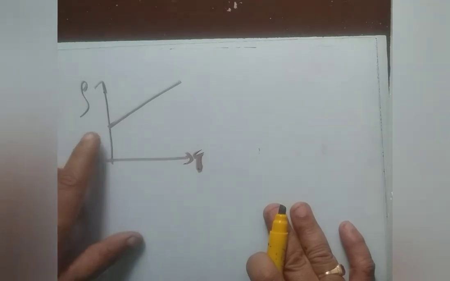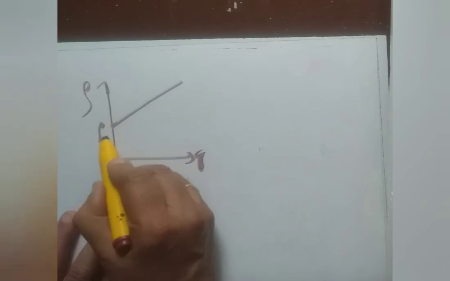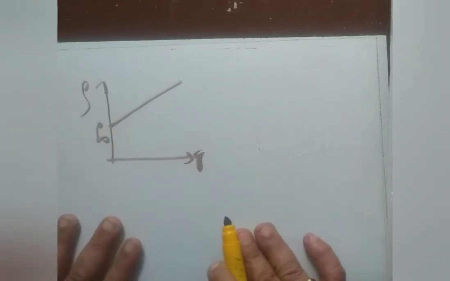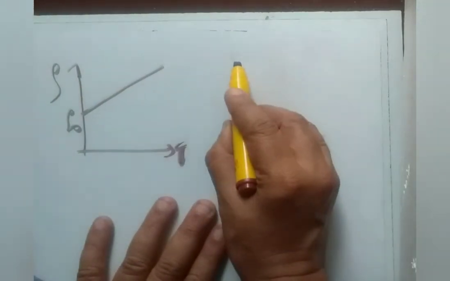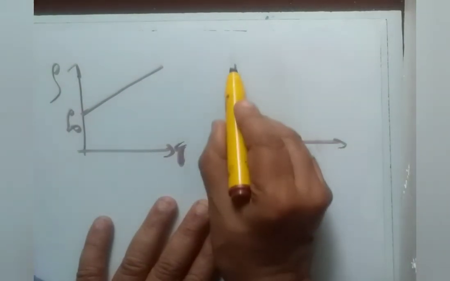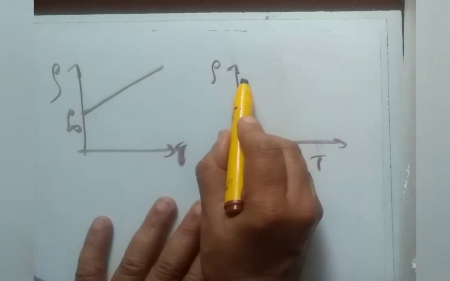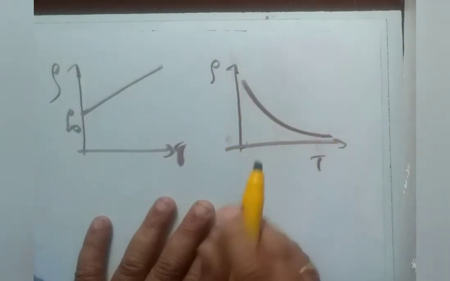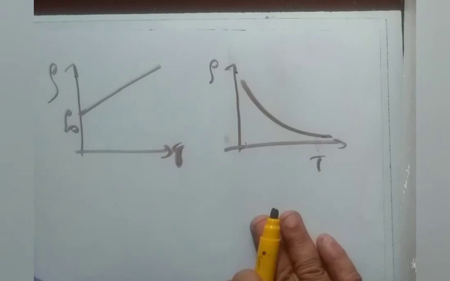The variation of resistivity is like this, and where it cuts the y-axis is rho naught. This is the graph for semiconductors, resistivity versus temperature, it goes like this. That is, in semiconductors, as temperature increases, resistivity decreases, unlike in metals. In metals, resistivity increases as temperature increases.